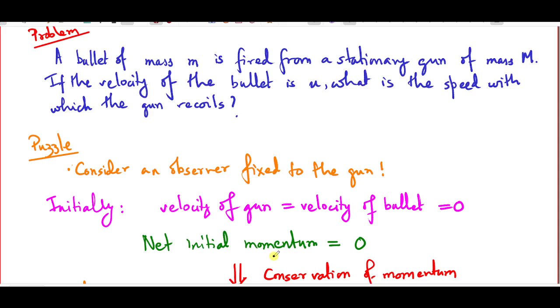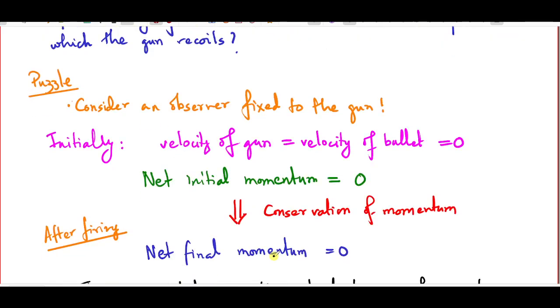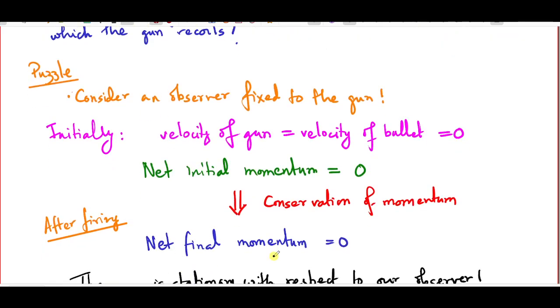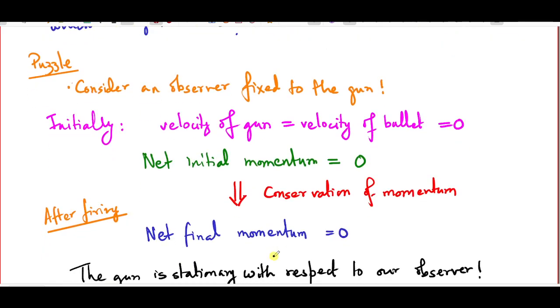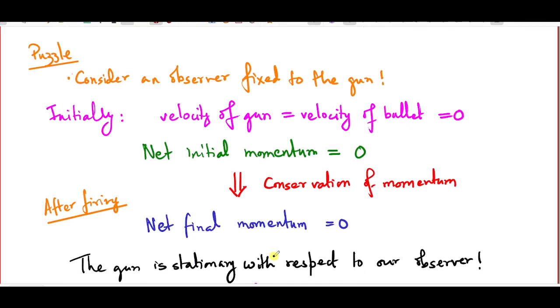But once again, the explosion which causes the bullet to fire takes place in a very, very short interval of time, during which non-impulsive forces such as gravity hardly manage to change the momentum. So we can use conservation of momentum. Now, according to the law of conservation of momentum, after the bullet is fired, net final momentum must be 0.